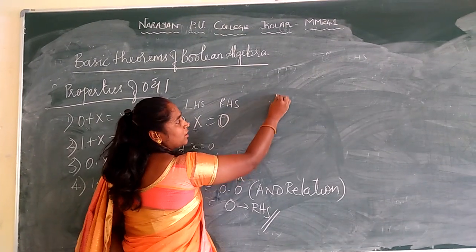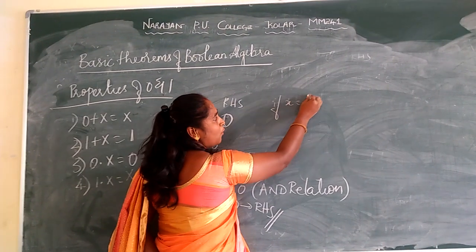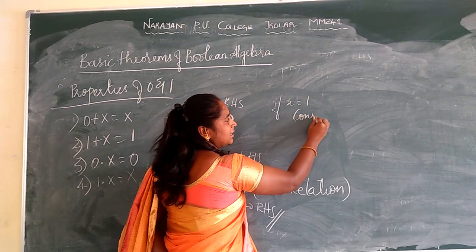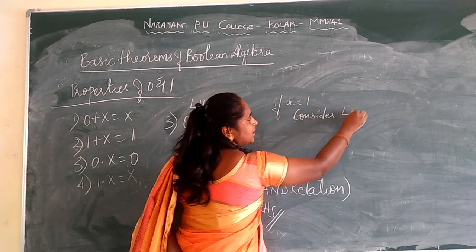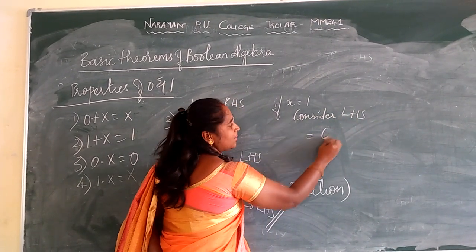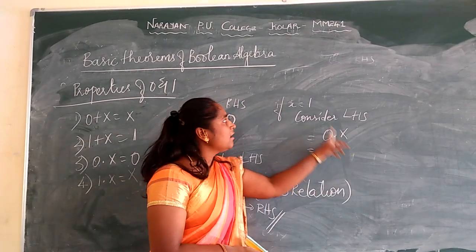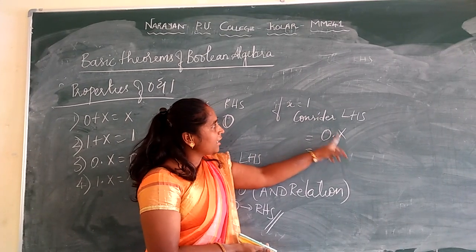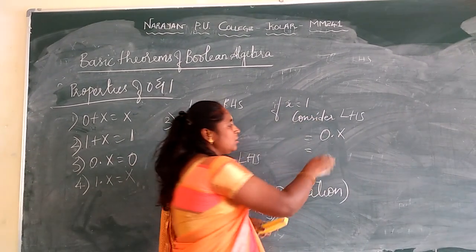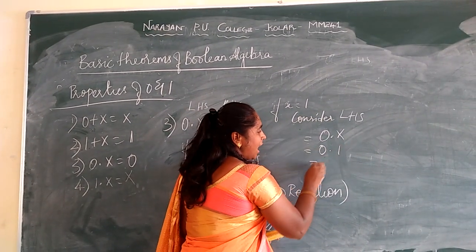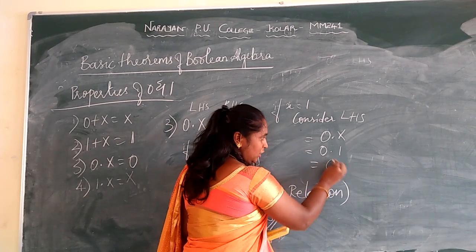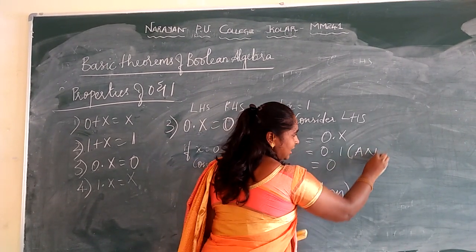Similarly, you substitute the value x is equal to 1. Again consider your LHS. LHS is 0 into x. You substitute the value of x, that is 1. So 0 into 1. Again 0 into 1 is 0 according to your AND relation.